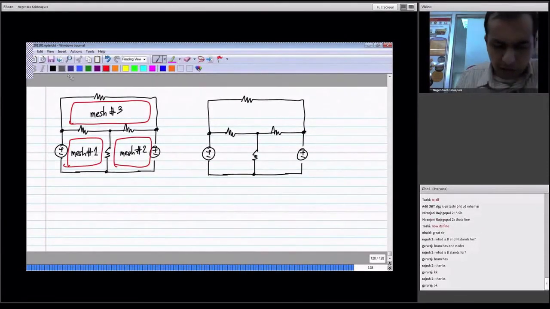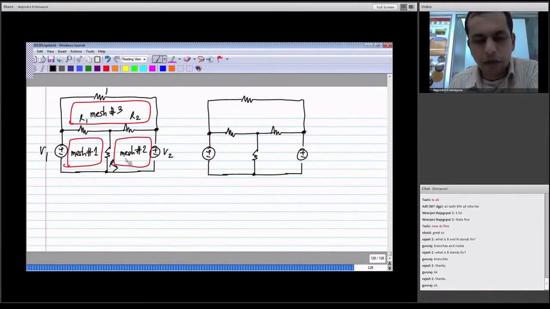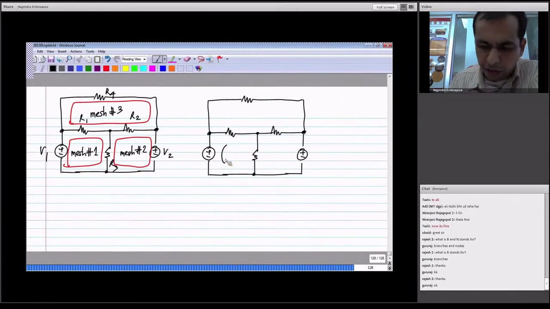And let me call it V1, V2, R1, R2, R3, R4. Now, in each mesh, we identify a mesh current. Let me call this I1 for mesh number 1 and I2 for mesh number 2 and I3 for mesh number 3.